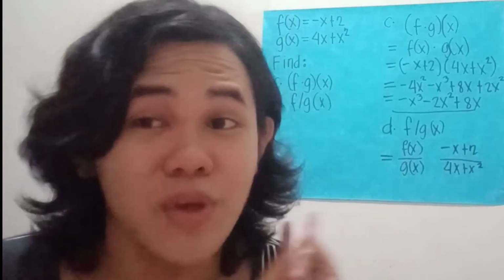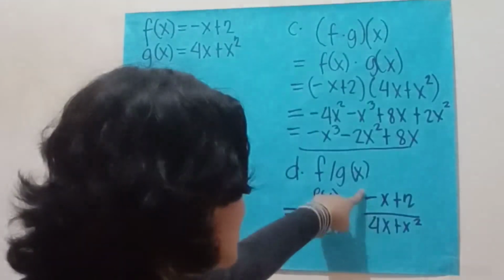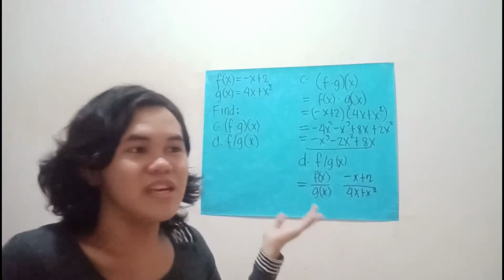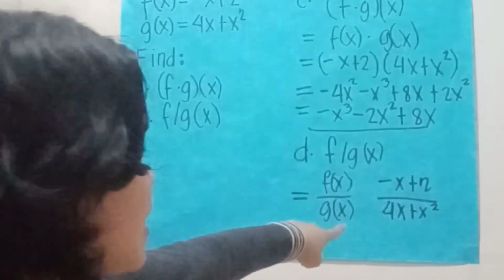Now, because there is no common monomial to factor out of either of these, we actually can't reduce them. That's our final answer for letter D. Now that we have solved for A, B, C, and D, we are basically done. That's how you perform operations on functions.